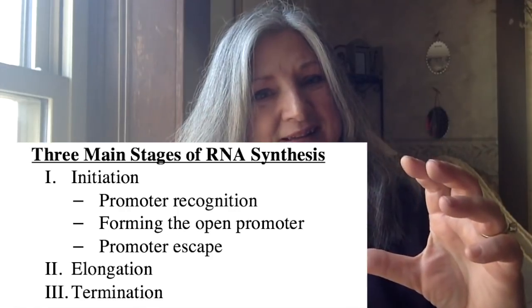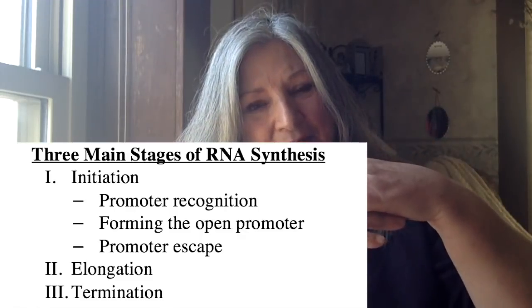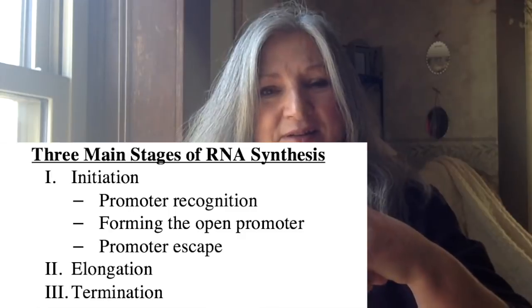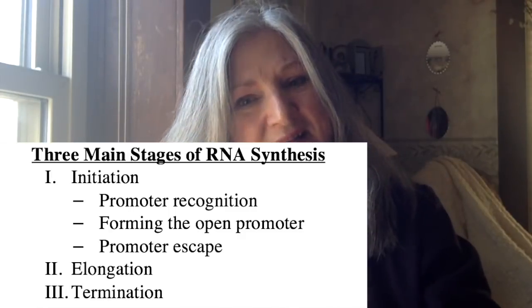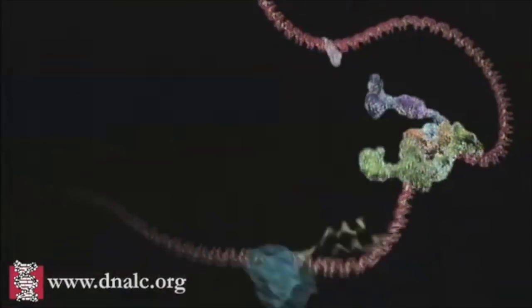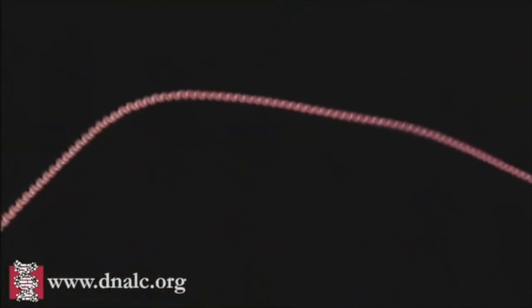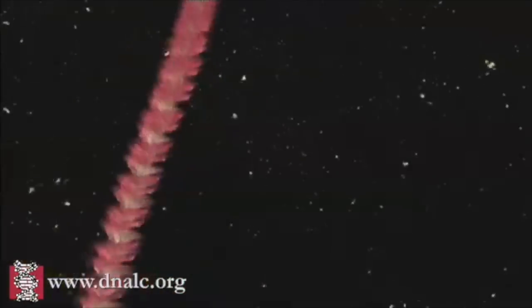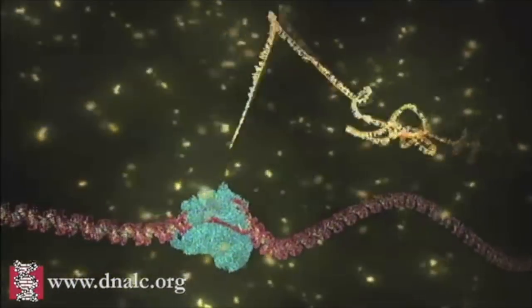So, promoter recognition, and then we have to form an open promoter. That is melting the DNA strands so that initiation can proceed. In order to begin transcription, the polymerase actually has to leave the promoter, so that's called promoter escape. And then we have elongation, and finally we have termination, when RNA synthesis stops. And so that's initiation, elongation, and termination.